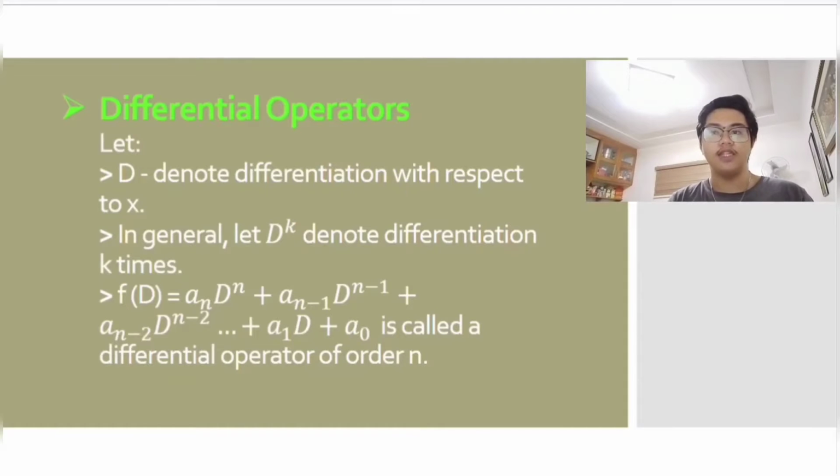Therefore, f of d is equal to a sub n times d raised to n plus a sub n minus 1 times d raised to n minus 1 plus a sub n minus 2 times d raised to n minus 2 plus a sub 1 times d plus a sub 0 is called a differential operator of order n.